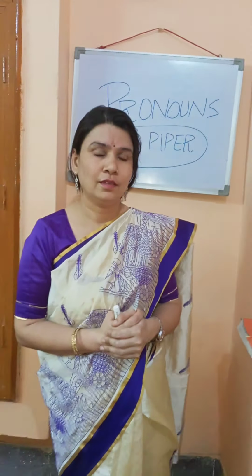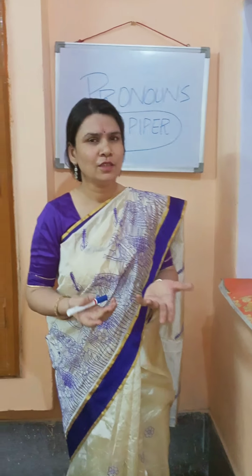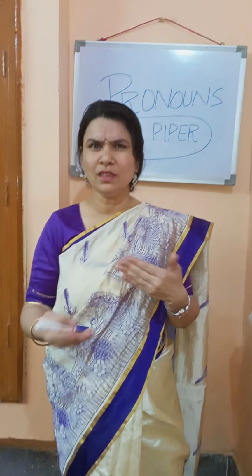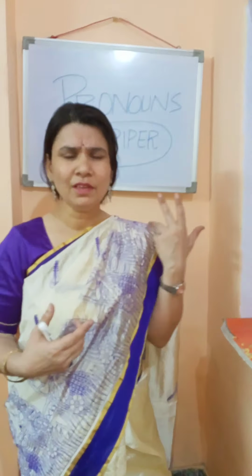And you must be finding one more word written under the pronoun. What is it? Dr. Piper. What is the relation between this? Why I have written Dr. Piper there? This is an acronym to learn about the subdivisions of pronouns.